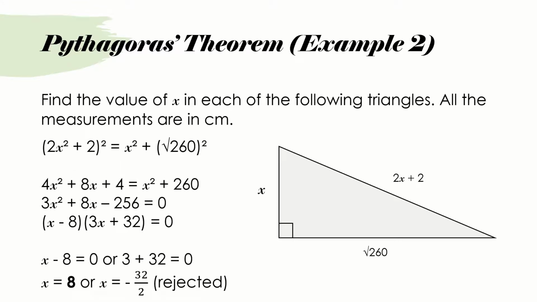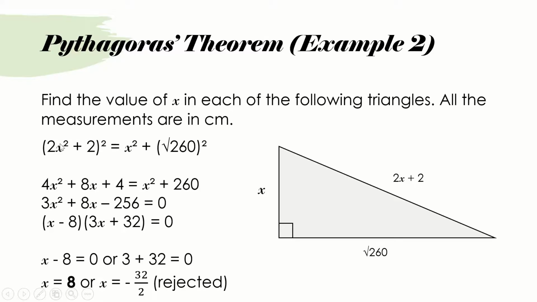Okay, so now what if we modify the question a bit by including an algebraic expression? So now we have x, we have square root of 260, and we have 2x plus 2. But it still works in the same manner. Okay, it's still the same. x squared plus square root of 260 squared equals 2x plus 2 squared.